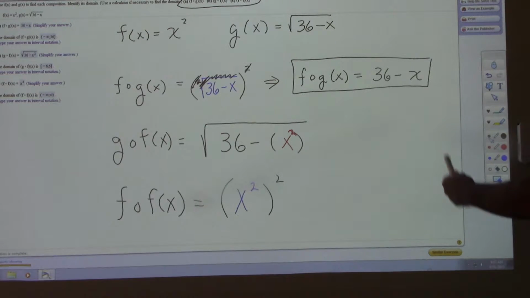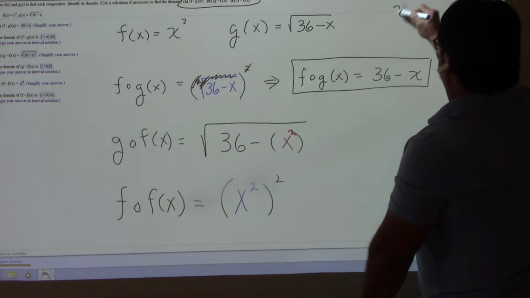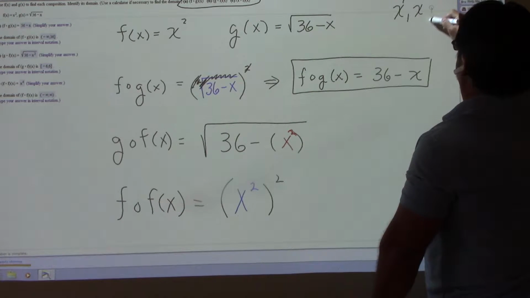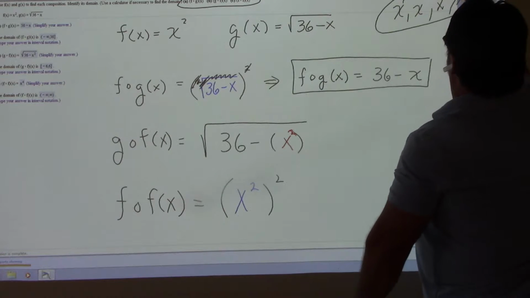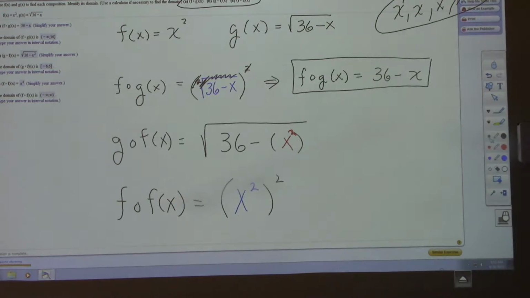You can plug in anything you want. Because it's x to the first, x to the second, x to the third, x to the fourth, and so on. Any of those, all real numbers, unless specified by the instructor or the instructions. And in this case, they do not specify, they just say what is the domain.